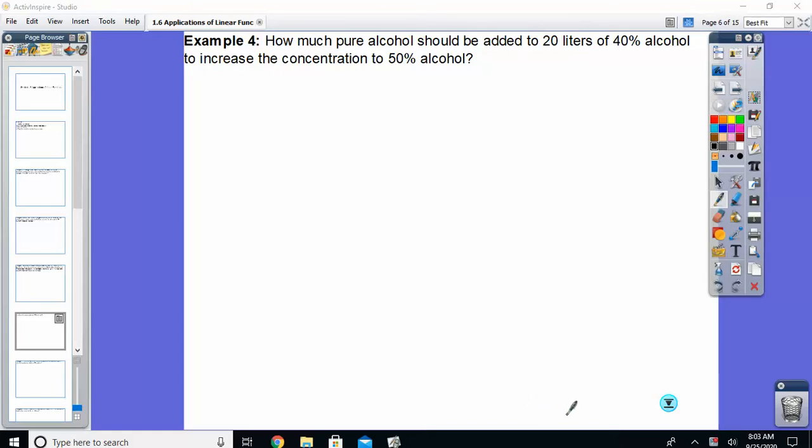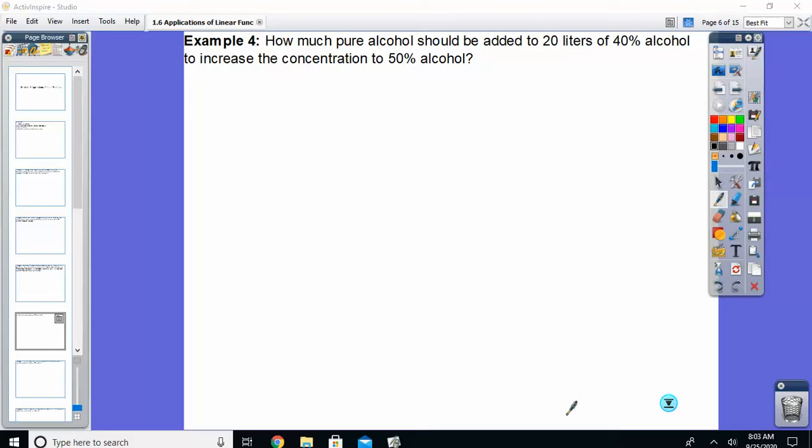It says how much pure alcohol should be added to 20 liters of 40% alcohol to increase the concentration to 50% alcohol. Okay, this problem has a lot going on.